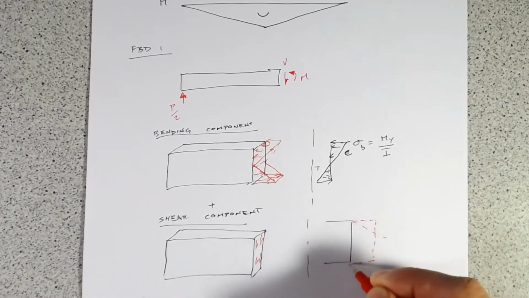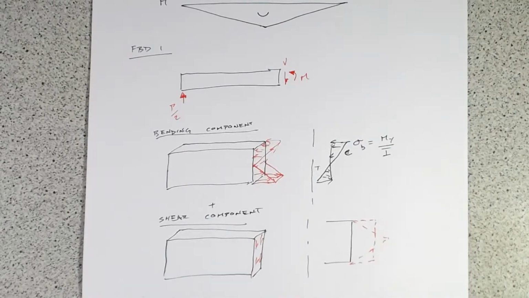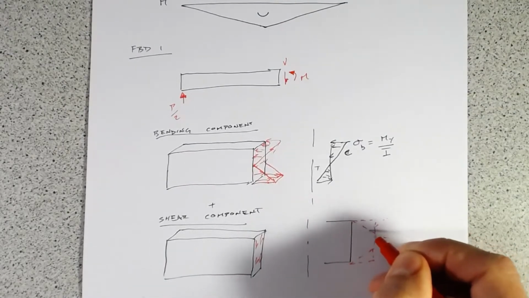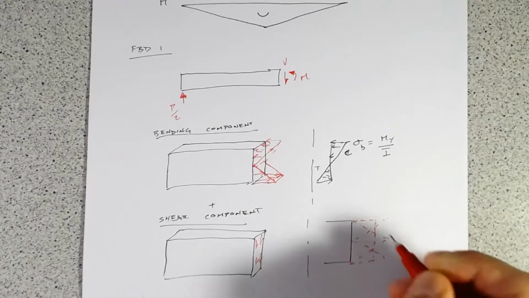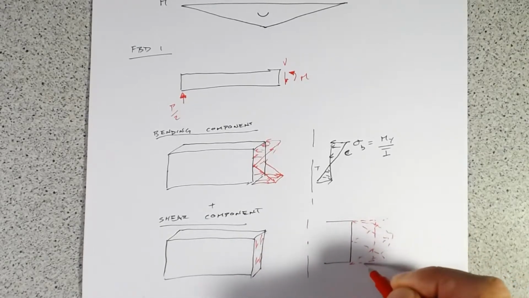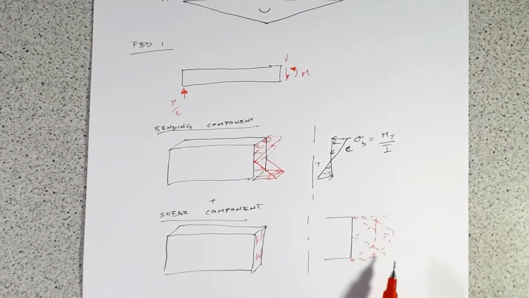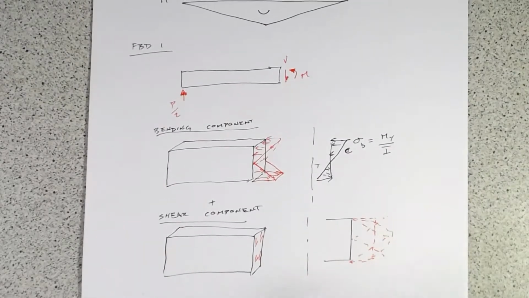Is it a triangle? Does it come out like bending stress? Does it come out in some shape here? So this is what we're going to look at and find out which of these different profiles that shear stress occurs in.